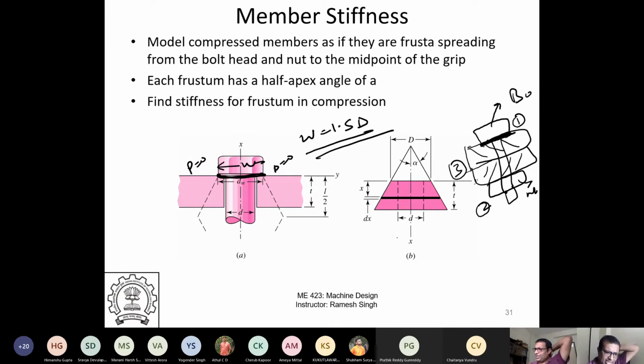Where do you think in these two plates which are being tightened by a bolt, where will be the maximum pressure?